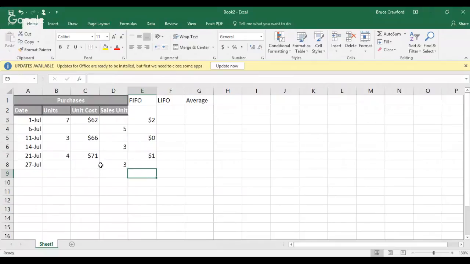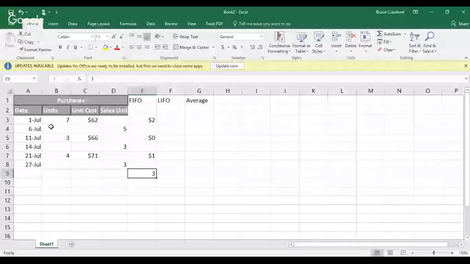In the FIFO method, we assume that they always sold their oldest units. Their last 3 units were 3 of the 4 purchased here on the 21st of July. Does that make sense? So we're just assuming that as they made sales, they were selling off the oldest inventory first. So if they have 3 units remaining, we assume the first ones that were purchased went out first.